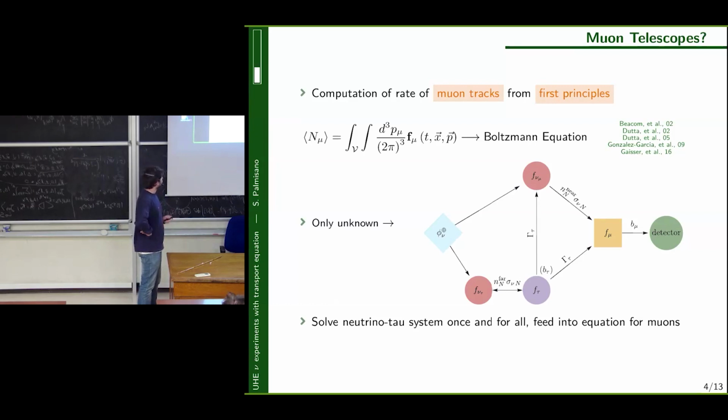This is not a completely new approach, there are some examples in the literature that use Boltzmann equations, but somehow they were not brought to the end, let me say.